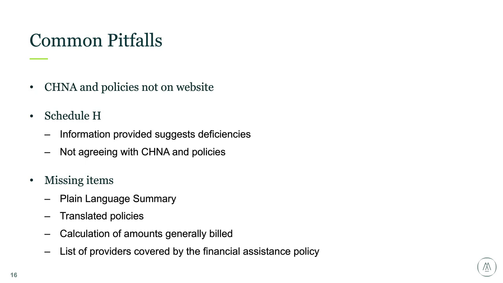Another item is if the information provided suggests deficiencies on Schedule H, or if it's not agreeing with the reports and policies they're able to pull. Or there might be missing items: the plain language summary of the financial assistance plan, translated policies, calculation of amounts generally billed, or a list of providers covered by the financial assistance policy. And we'll go more into those requirements soon.